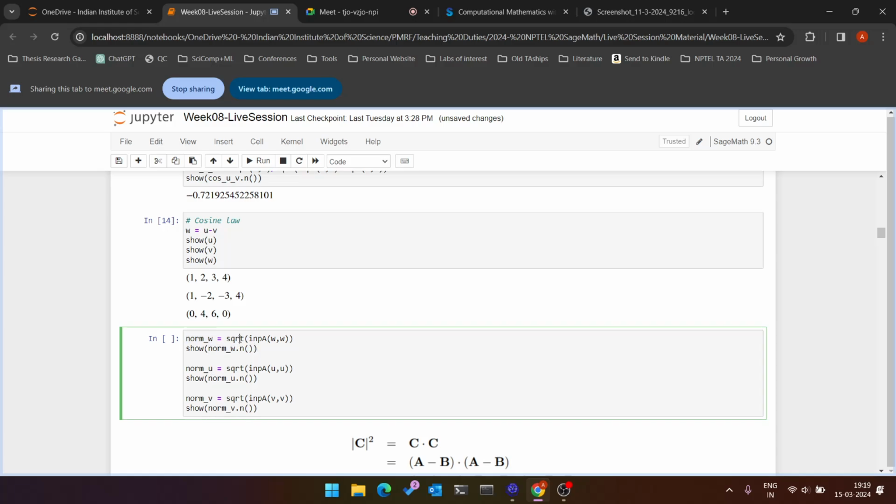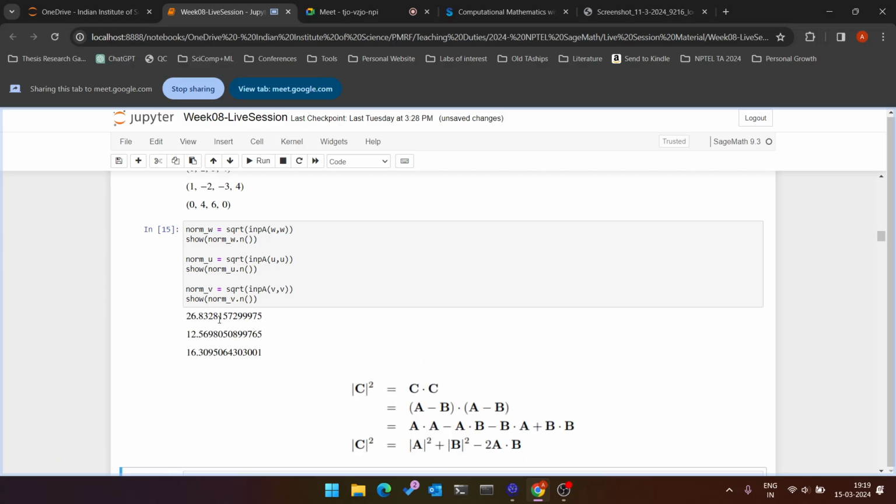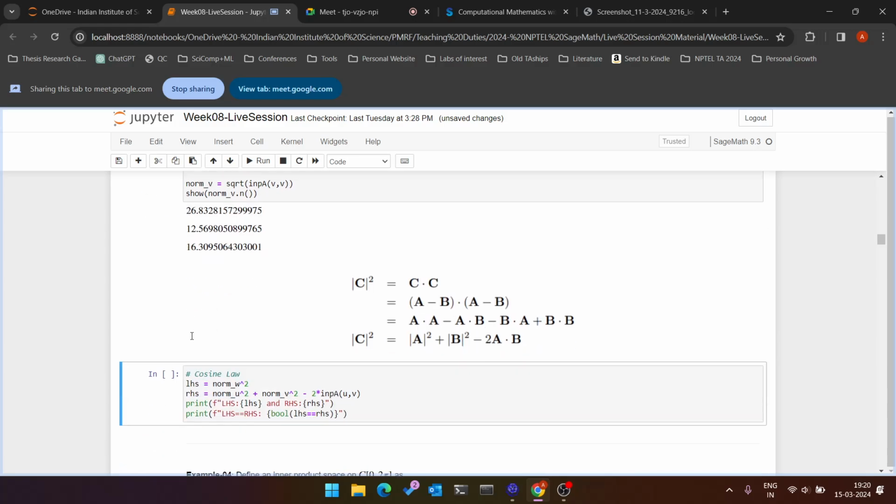All of them, based on the earlier definitions, are simply the inner product of the vector with itself, and then taking a square root. So that is how we are specifying norm w, norm u, and norm v as the norms of vectors w, u, and v respectively. So these are how the norms end up looking like: norm w, norm u, and norm of v.